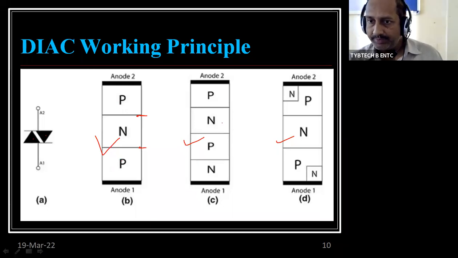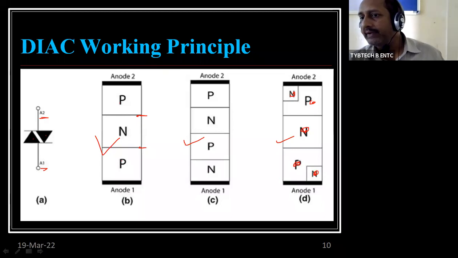Here it is the PNPN structure for the DIAC, and here it is the 5-layer analogy: 1, 2, 3, 4, and 5. When you connect, here they have written A2 and A1, and we have written MT1, MT2. So don't get confused by that; you can use any one.